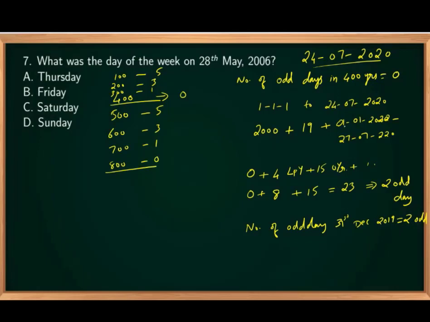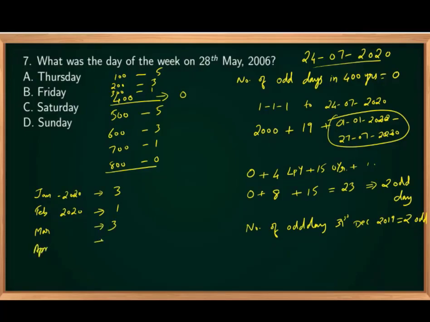So we found the number of odd days up to 31st December 2019. Then we have to find this part, from January 2020 to 24/7/2020. We just find the number of odd days in each month. January means 31 days, so the number of odd days is 3. February 2020, since it is a leap year, 1. March 2020, 3 odd days.